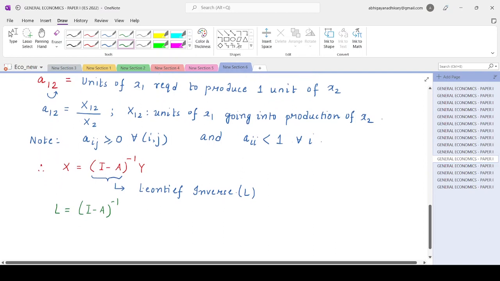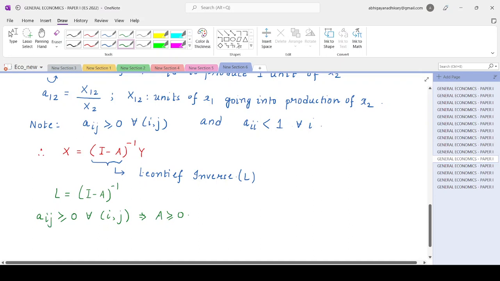Now, before going into this, there are a few things that I want to mention about this A matrix, the factor coefficient matrix. Aij is greater than or equal to 0 for all ij. This is often written as the matrix A is greater than or equal to 0. And by definition, how can you write aij?